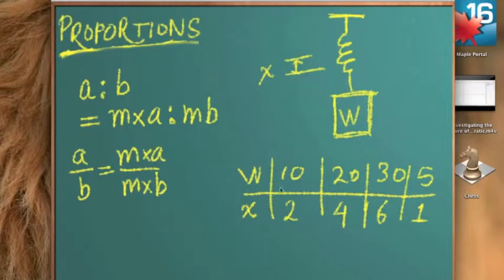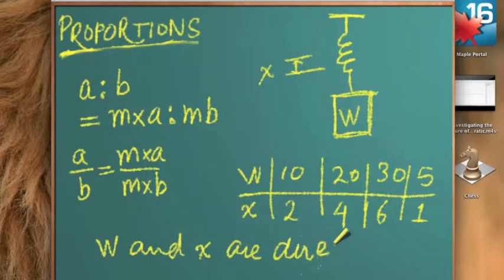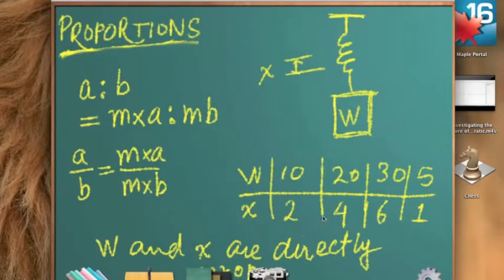So is there something special about this situation where if you double one quantity, the other doubles as well? Well, yes, there is something special, because if such a situation arises between two quantities, we make the following definition. We say that W and X are directly proportional.